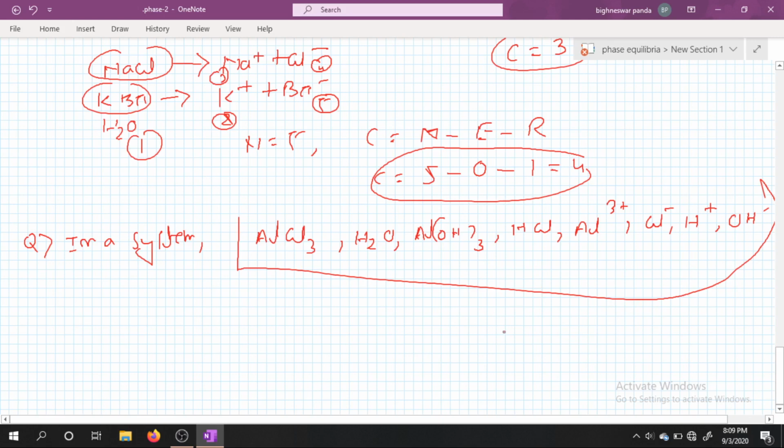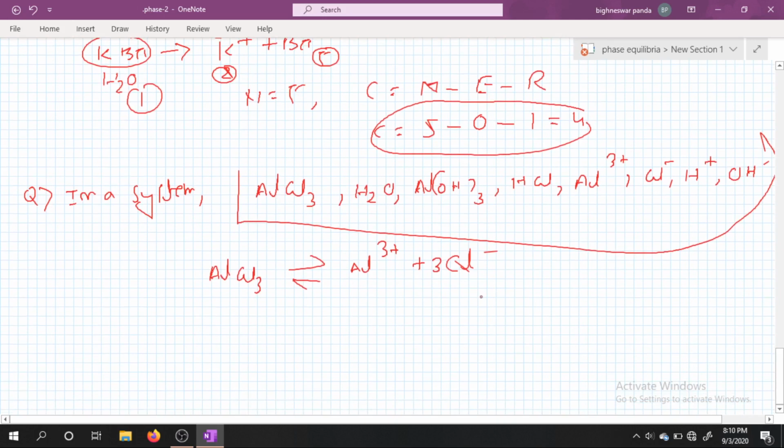By considering these species, we have to consider what the possible reactions are. Since AlCl3 is present, aluminum ion and chlorine are also present, so I can simply write AlCl3 dissociates to Al3 plus and 3Cl minus. And water gives H plus, OH minus.